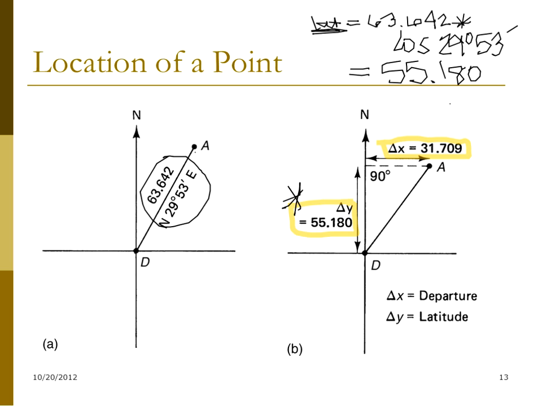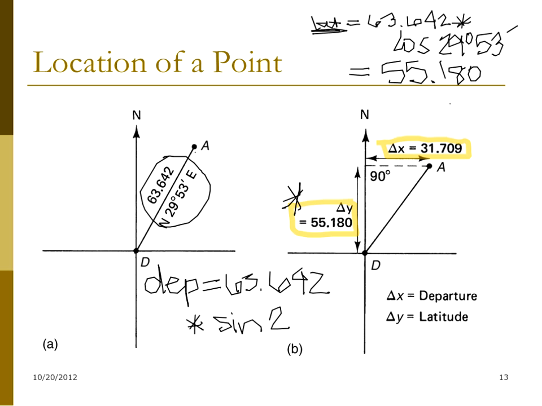Then we would calculate our departure in the same way that we calculated the latitude. So the departure would be equal to 63.642 times the sine of 29 degrees 53 minutes.